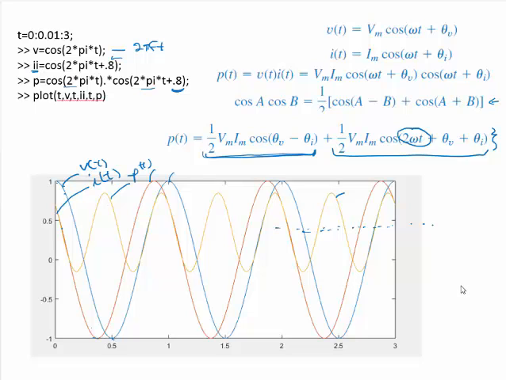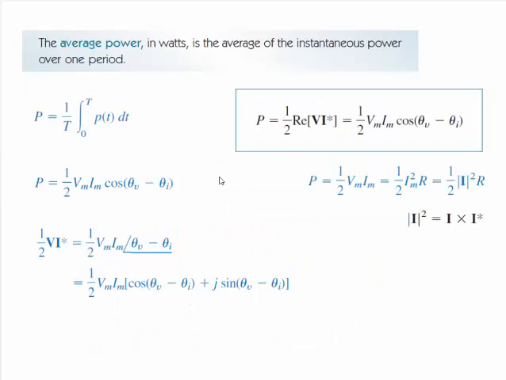Instantaneous power is at a particular point in time, but average power is the average of the instantaneous power over one period. So I have here just that mathematical definition of an average. You just integrate the power over one period and divide by the period. So you get an average value of the power. It's still in watts. Power is in watts.